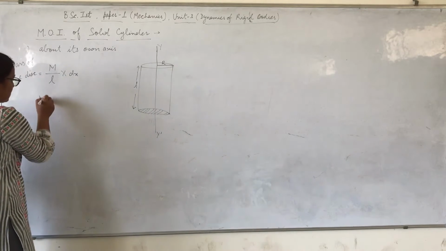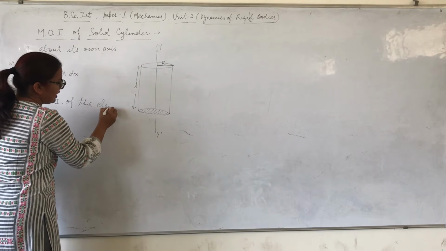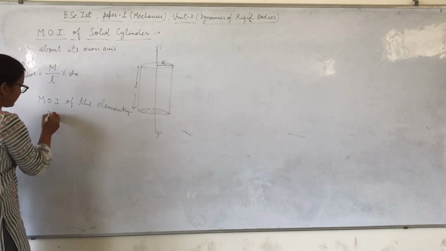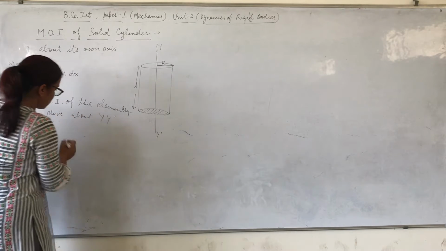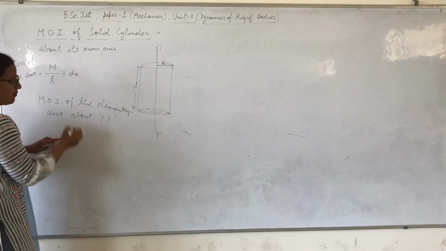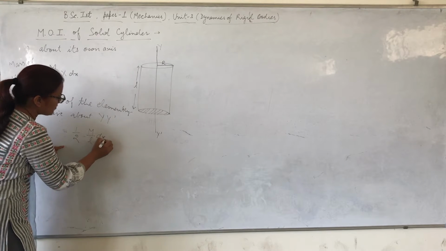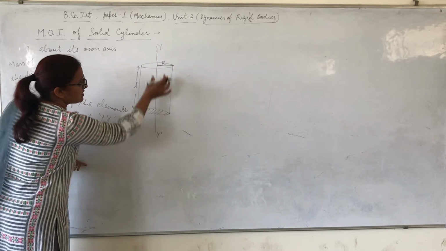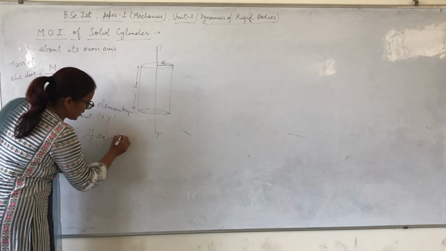So the moment of inertia of the elementary disc about y dash, using the result 1 by 2 m r square, where the mass of the disc is M by L dx, and the radius is the same as that of the cylinder, so it is r square.